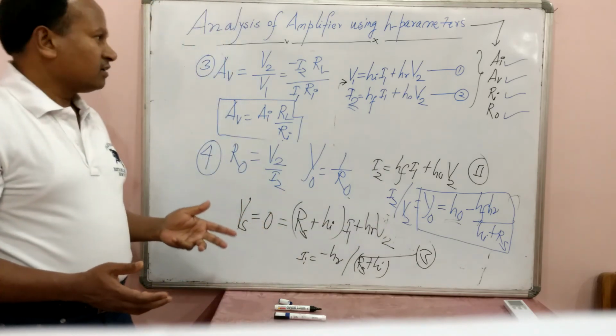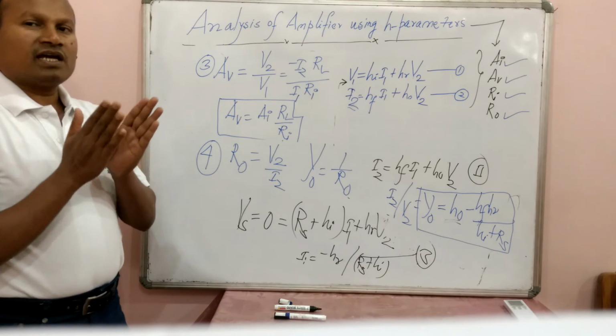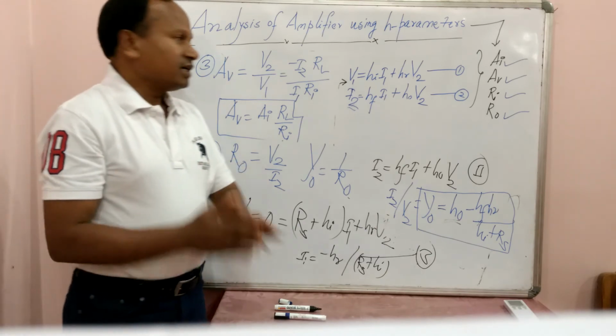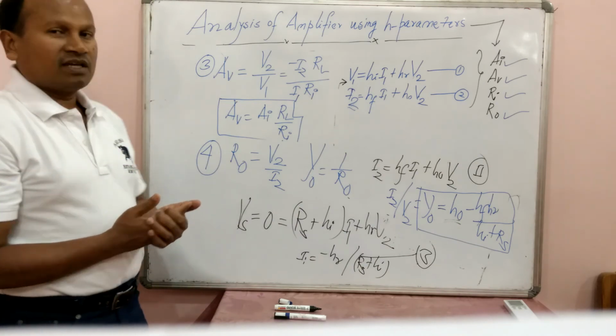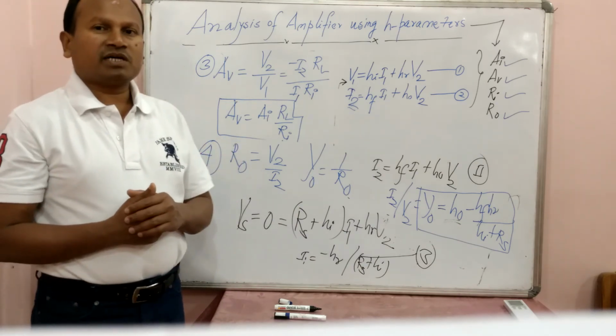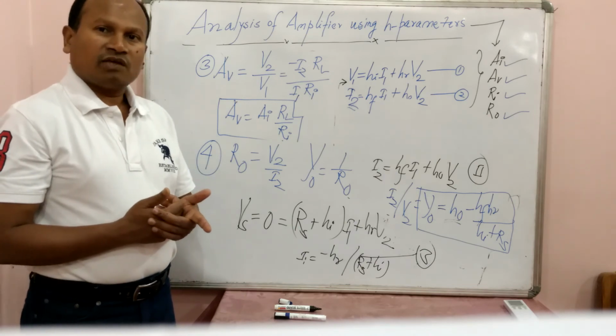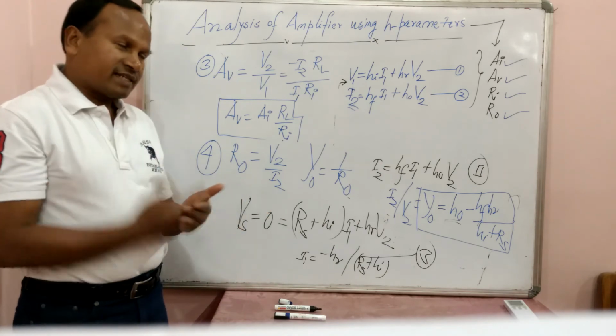We can see that the analysis is complete. What do we mean by analysis of transistor amplifier? Analysis of transistor amplifier means determining AI, AV, RI and RO. What is the expression of AI we determined? The first expression which we determined: minus HF divided by 1 plus HO RL. If you are interested in common emitter, minus HFE divided by 1 plus HOE RL. What was the second one? RI.